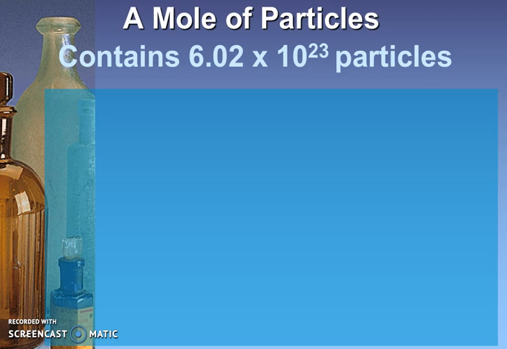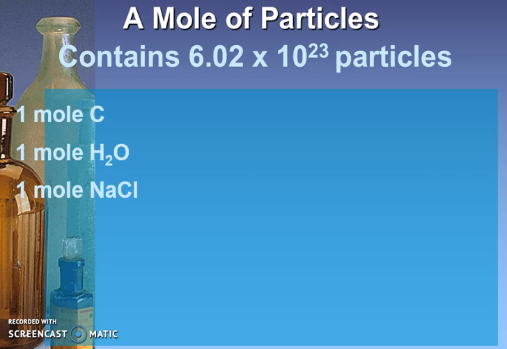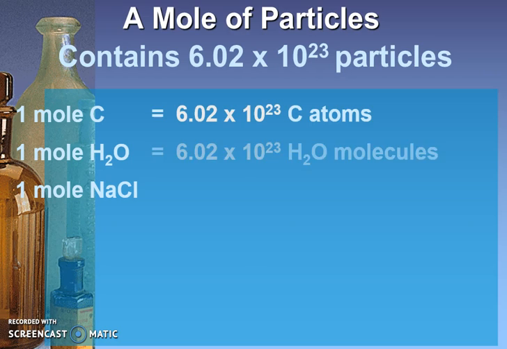So a mole of particles contains 6.02 times 10 to the 23rd particles. So 1 mole of carbon, 1 mole of H2O, 1 mole of NaCl: each one will have 6.02 times 10 to the 23rd atoms or molecules.